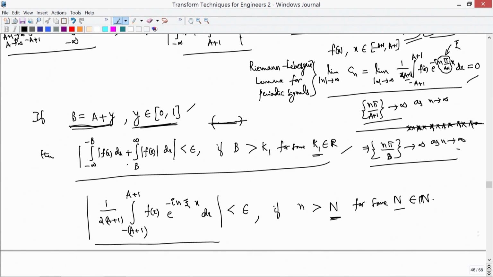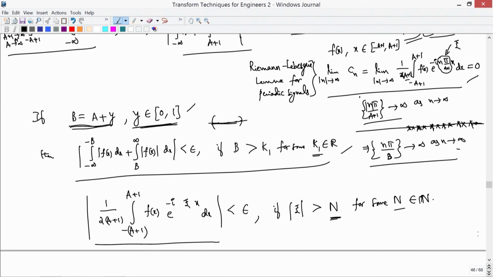So, this can be made less than epsilon for every n bigger than this. Now instead of n pi by b or n pi by a plus 1, I replace it with xi. So I replace n pi by a plus 1 with some xi on both sides. So as mod n goes to infinity, this goes to infinity, whichever way.